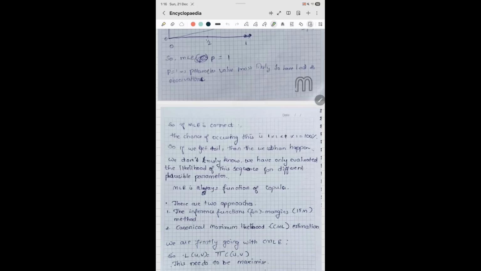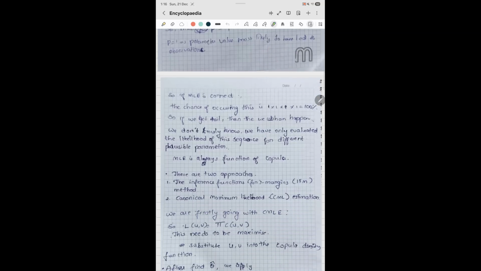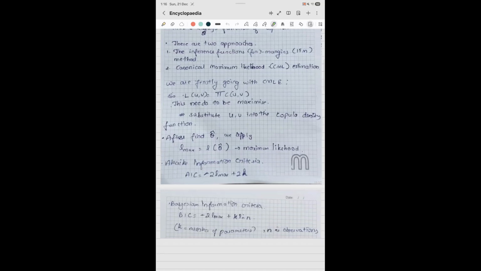Now we are going with the same MLE to find out the most suitable, highly selective copula for your distributions of the stocks or the values, okay.